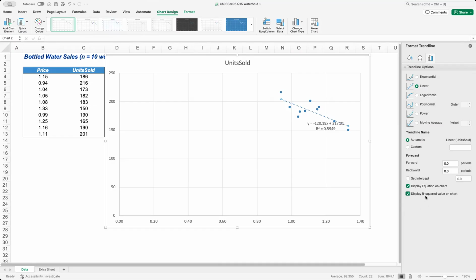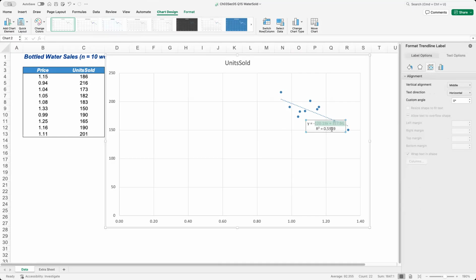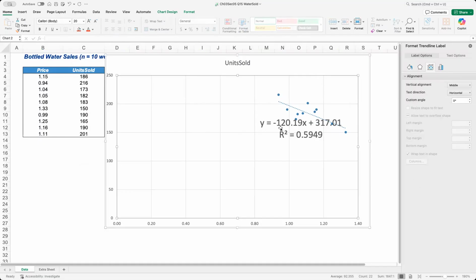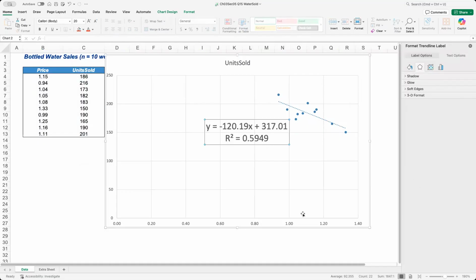All of that can be found here, and if you grab this box, highlight that, you can change the font size to make it bigger so it's easier to read. Move it out of the way of the actual data so you can see it better. By the way, R squared value of 0.6 ain't bad.